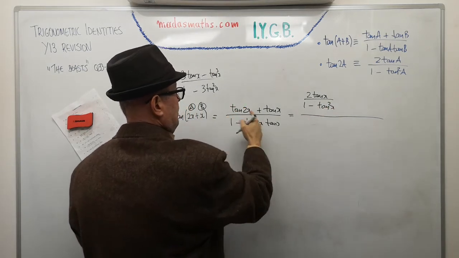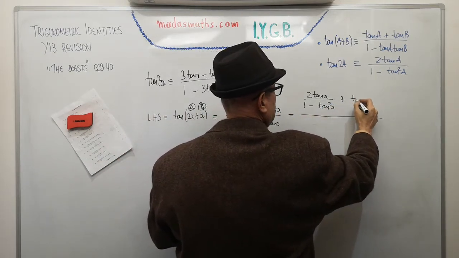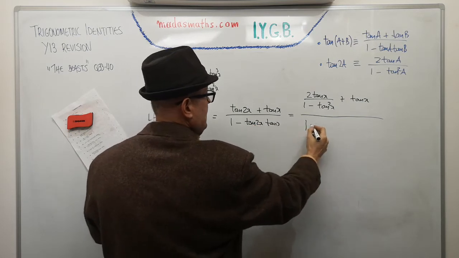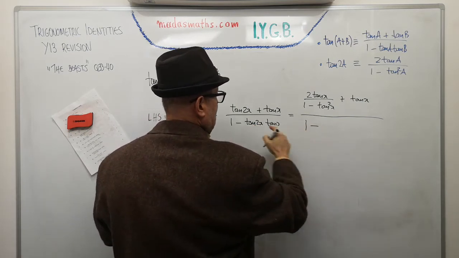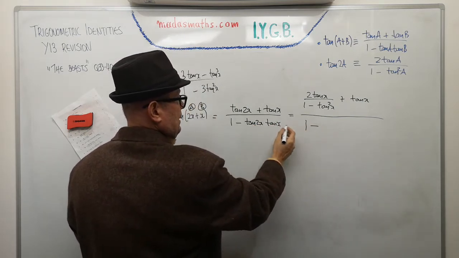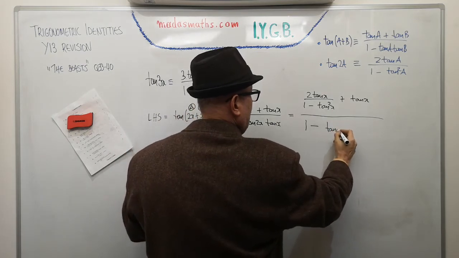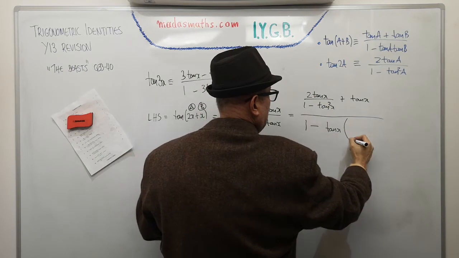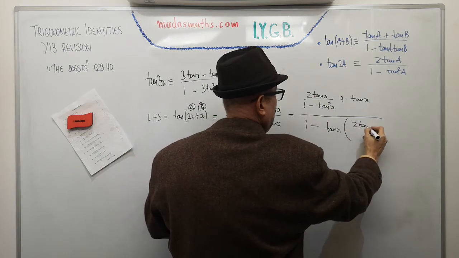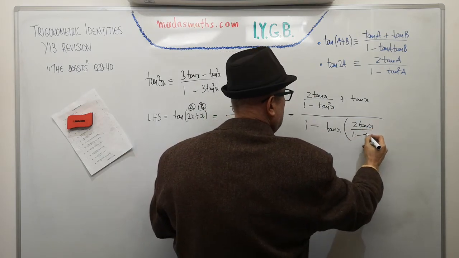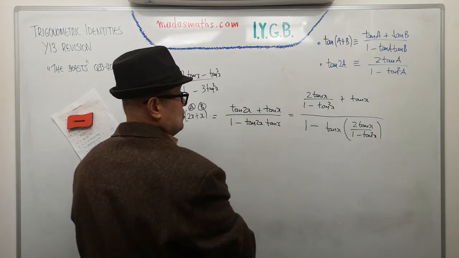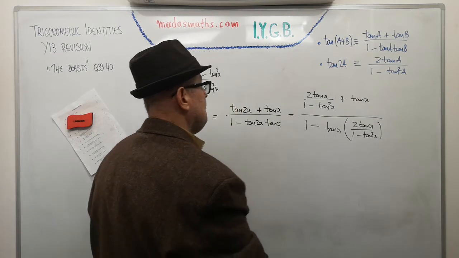That's this lump, plus the tan of x, and then I have 1 minus, let's write the tan of x first, the tan of x times the tan of 2x. The tan of 2x is this: 2 tan x over 1 minus tan squared x.